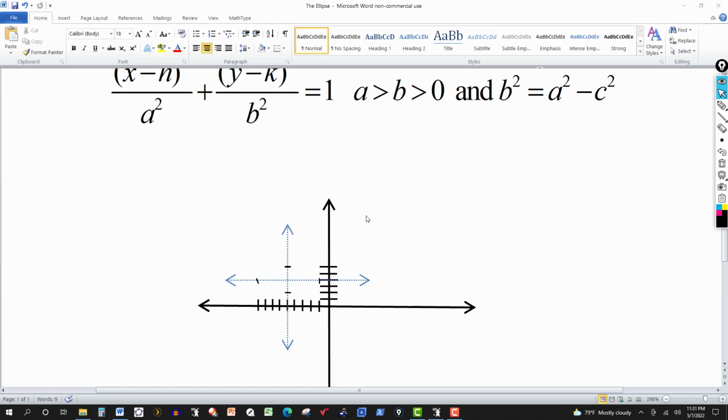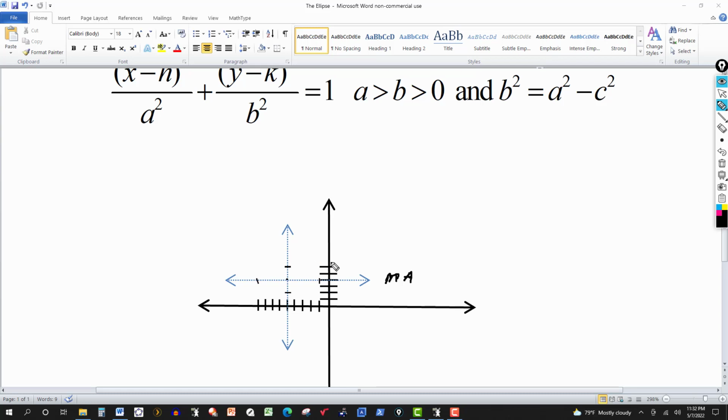Okay, so I have it kind of started here. So here it is. This is your center right here. That's -5. Go -5 this way and 4 up. That's your center. And then above and below it are the co-vertices. This is your major axis. It's parallel to the x-axis.